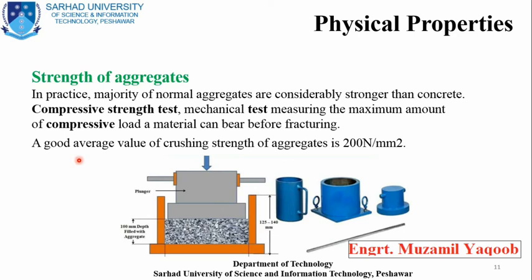A good average value of crushing strength is 200 Newton per mm square. This is the ideal value. When you perform this experiment and get a value around 200, it means the aggregate is much stronger, and it will give you high quality construction work, or high quality concrete. So that was all about strength of aggregate.